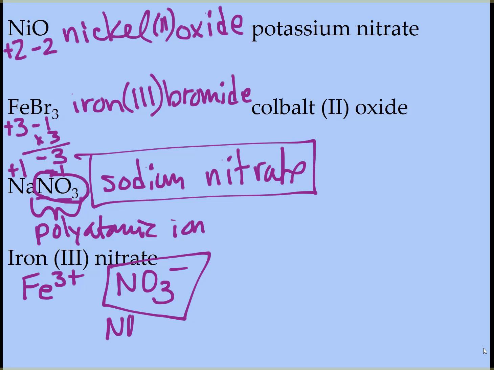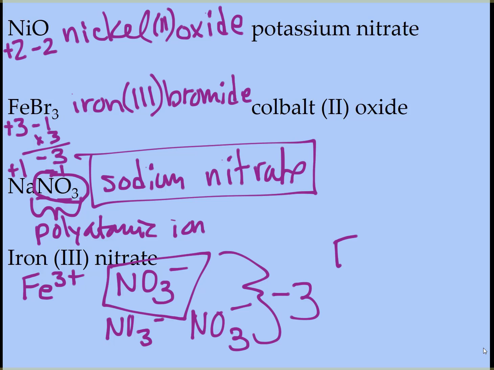So instead, I'm going to have 3 of these nitrates because then that will give me a -3 total. And I write that Fe NO3, and I'm going to put parentheses around the nitrate. You always want to keep it together and then say that we have 3 of them. So it looks kind of funny, 3 parentheses 3, but that is correct.